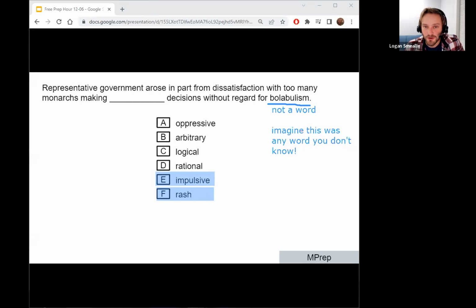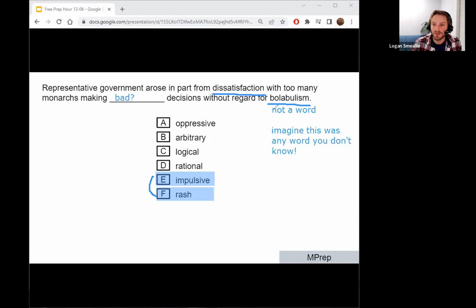Yeah, arbitrary is a note I got in the chat, and I think that's the one that most closely matches these two for me. And it's one of the first examples we're looking at where there's three answers that maybe could make sense in the blank. And I would even argue oppressive could make sense in the blank, right? If the people are dissatisfied, there's some evidence, then the main thing we could maybe predict is that these decisions are bad decisions somehow.